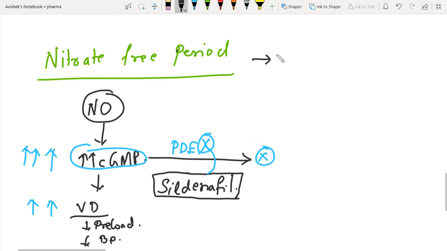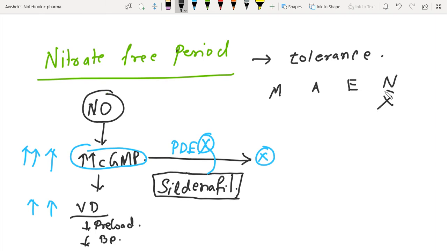One more thing with the nitrate free period is tolerance. If a person is using nitrate in the morning, in the afternoon, in the evening and at night, we should not give it at night; remove it at night.